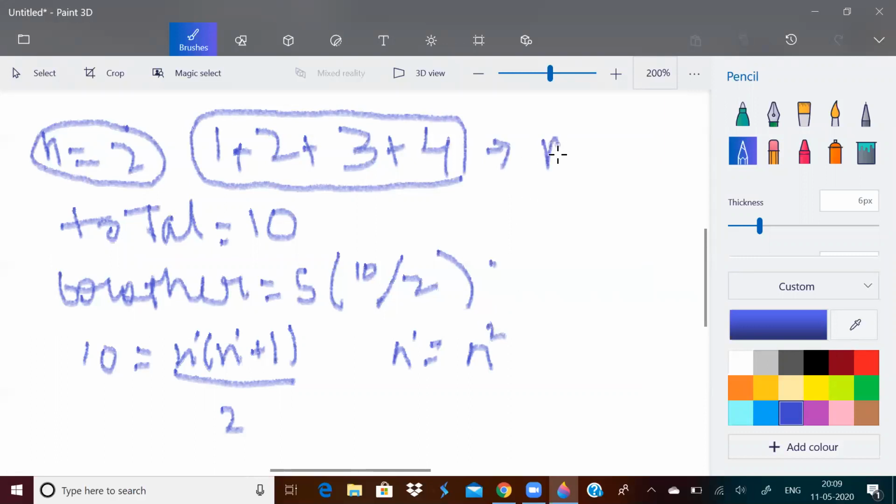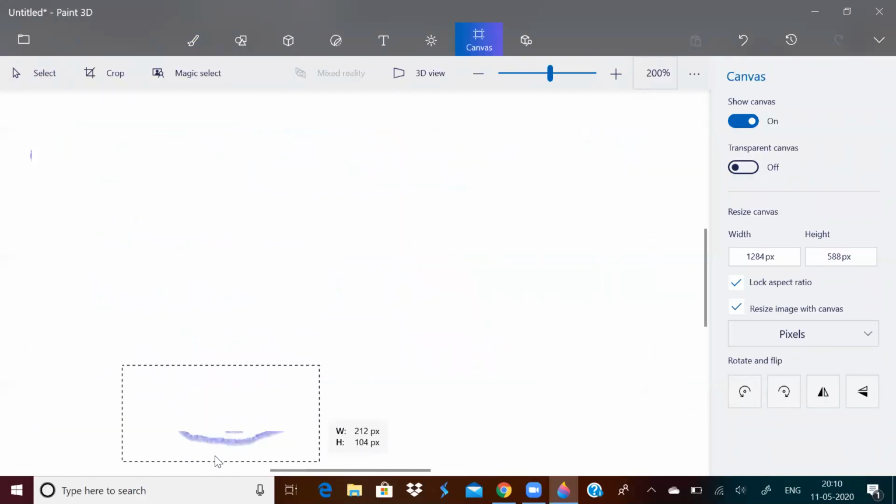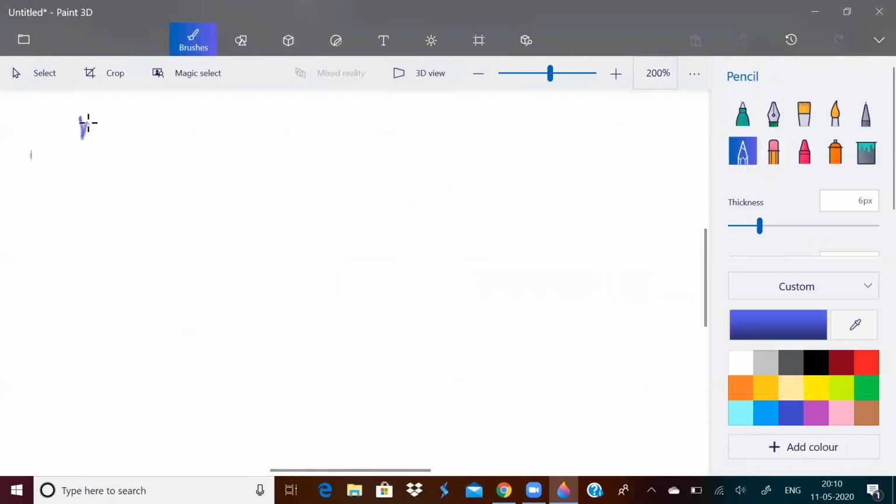So n square is equal to our n dash, and our total number of candies will be n dash into n dash plus 1 by 2. I hope all of you have understood till here. So our total is n dash into n dash plus 1 by 2, where n dash is equal to n square.